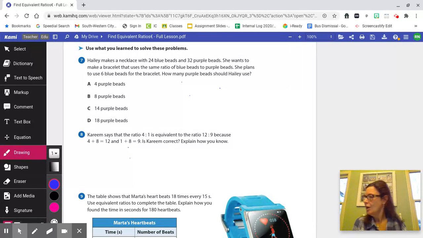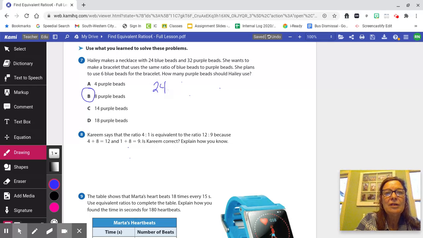All right. Hopefully you have circled answer B, 8 purple beads. And this is where we use division to find the answer. I divide both numbers by the same number. So if I had 24, this is blue, to 32 purple, and I know that I want to have 6 blue.